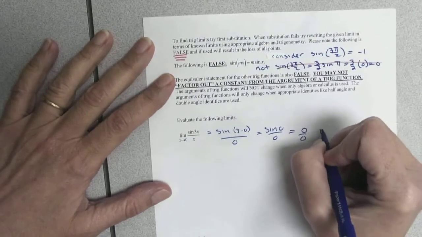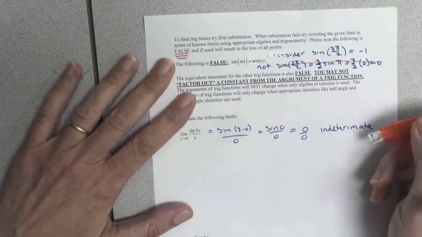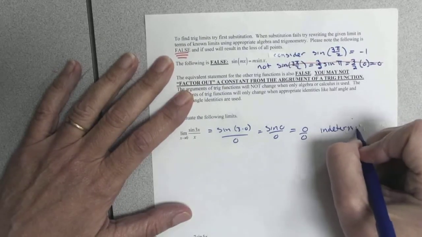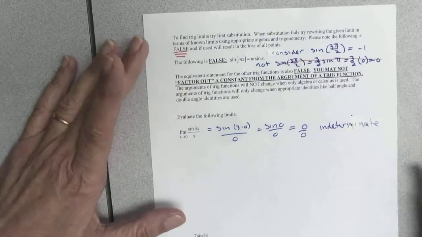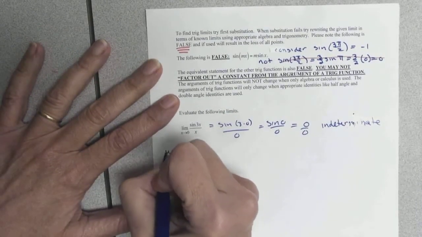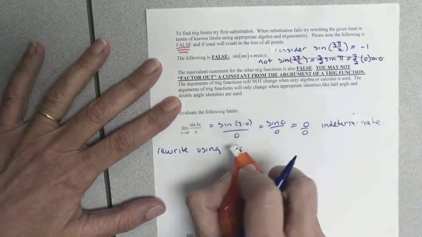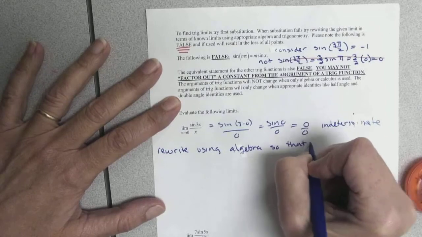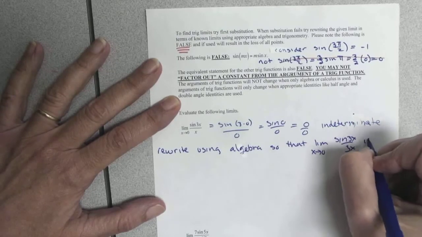And we get 0 over 0, indeterminate. So I've got to rewrite it somehow, using algebra in this case, so that the limit as x goes to 0 of sine 3x over 3x is involved.